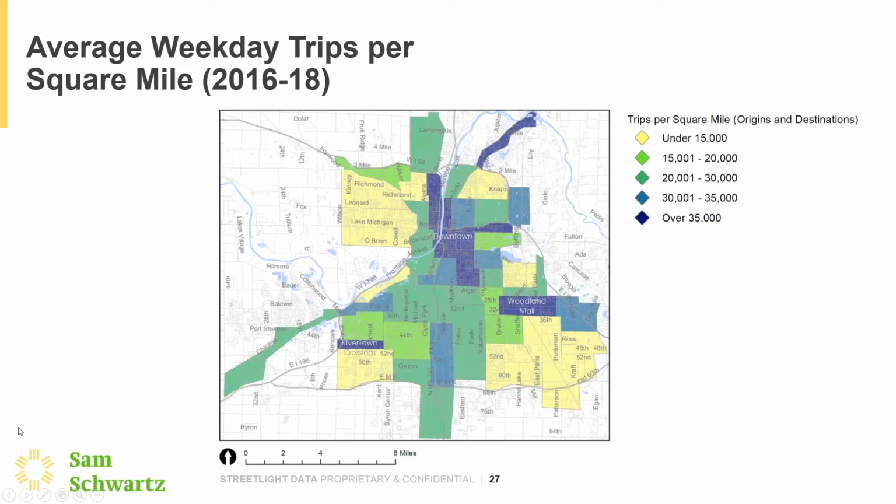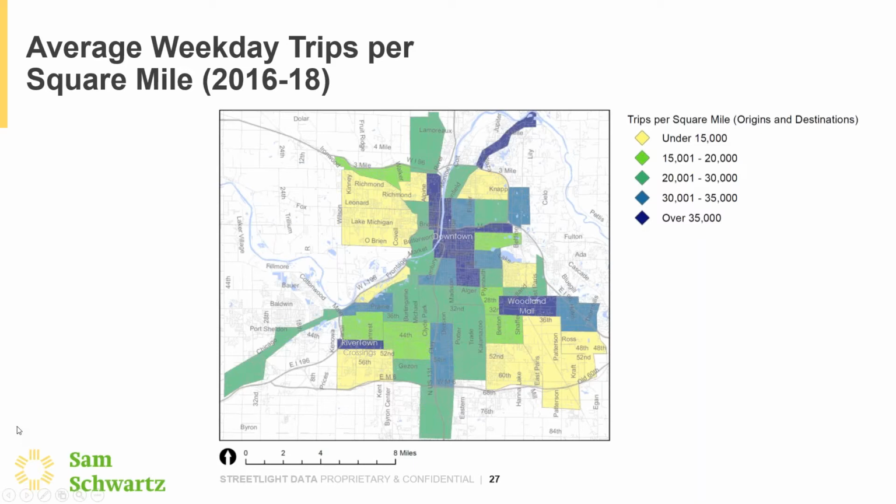We tried to keep the zone size relatively similar to keep them comparable, but we also wanted to identify certain destinations that were of interest to the community. There are a number of zones that were included that currently don't have transit service. We were trying to use this analysis to help understand if there's potential demand, and also just to understand how the existing service is used and what that pattern looks like.